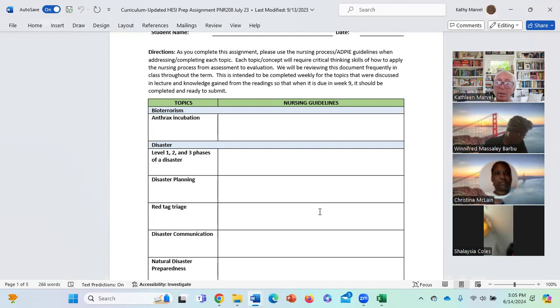So think about it. Where might you be providing community nursing? In the nursing home, the patient's home, home care. Where else? Clinics.